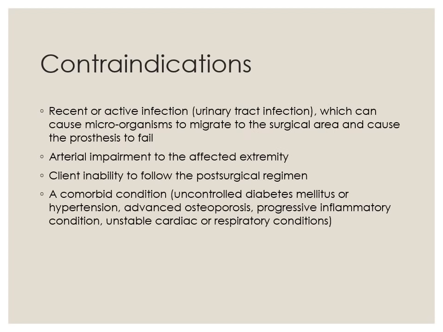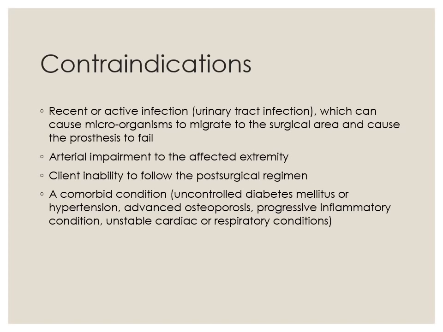So when would joint replacements be contraindicated? If a patient has had a recent or has an active infection, it can cause bacteria to migrate to the surgical area and possibly cause the prosthesis to fail. If they have arterial impairment to the affected extremity, it's not going to heal.